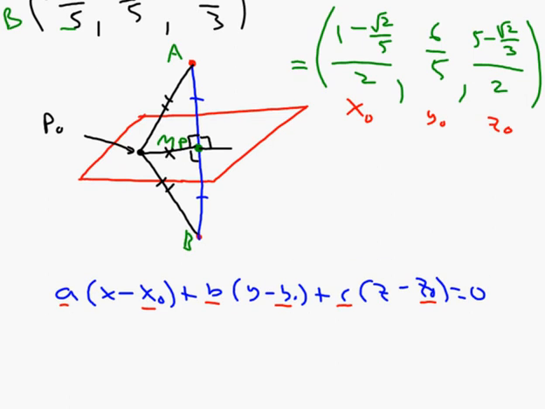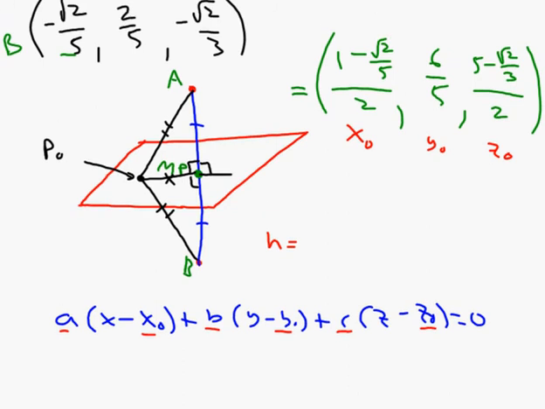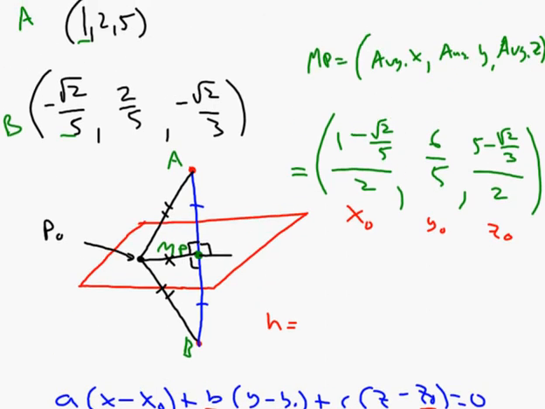By definition, we made the plane perpendicular to this blue line segment from A to B. So the normal vector is in the direction of that line segment. So I can get that vector. The normal vector is going to be point A minus point B, so we'll do it that way.